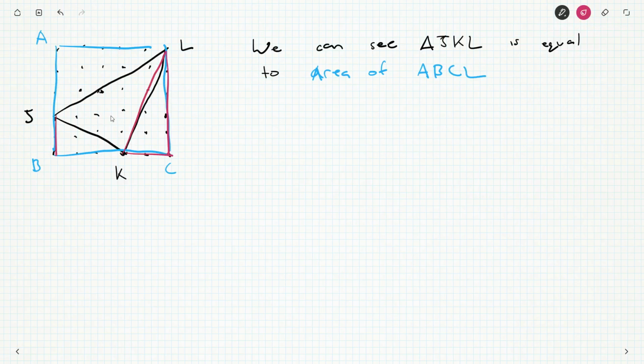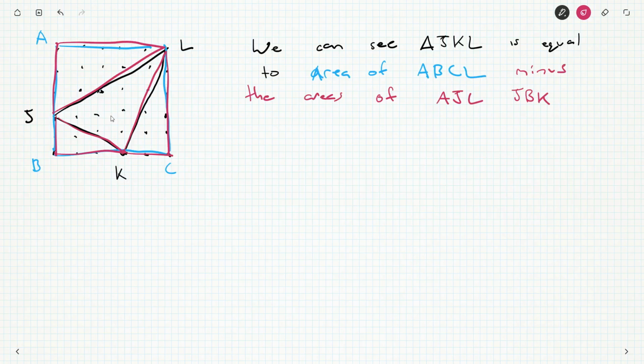This one. You could say minus the 3 red triangles, or if you didn't bring color, giving these things names. So minus the areas of AJL, JBK, and KCL. And if you want to, add the triangle symbol in front of them.